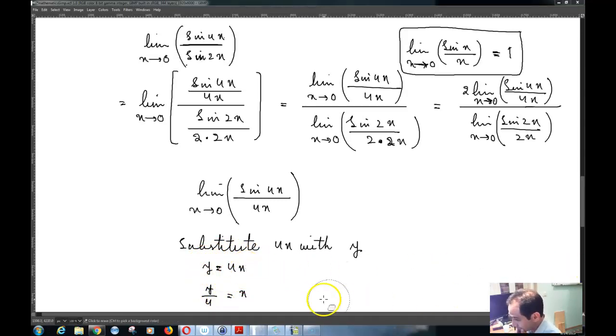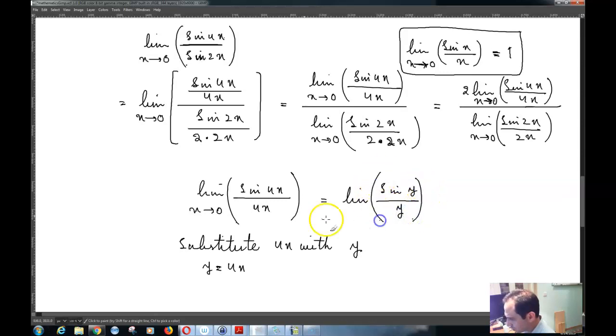Or actually you don't really need to do that. So here you can write 4x as y. So you will have the limit of sine y over y, and then as x tends to 0, of course, y tends to 0.